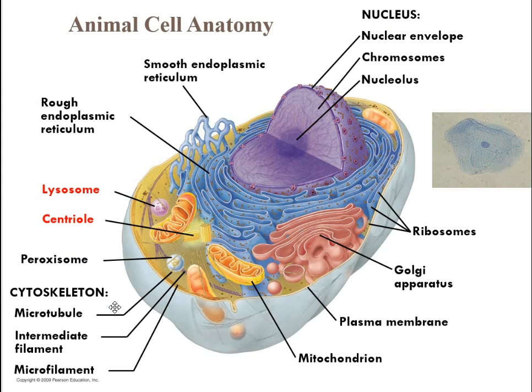This is what an animal cell looks like, and we're going to talk about some of the functions that you see here, but later we might talk about some others. Mostly we're going to stick to the ones that we need to know for this class, but in the future, if you take some more biology classes, they may bring up some things like those microtubules. Let's talk about these in our next video.